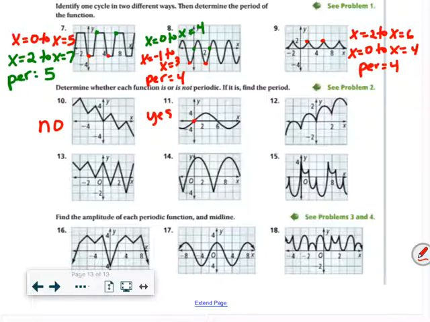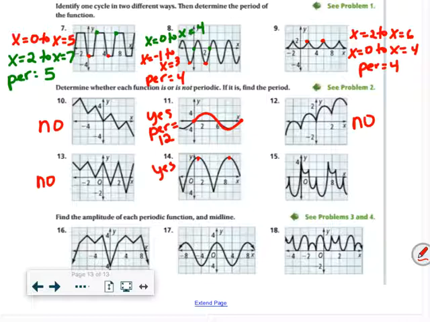It starts here, and then it's going to repeat here. So 2, 4, 6, 8, 10, 12. So the period is 12. Number 12 is no. 13 is no. 14 is yes.